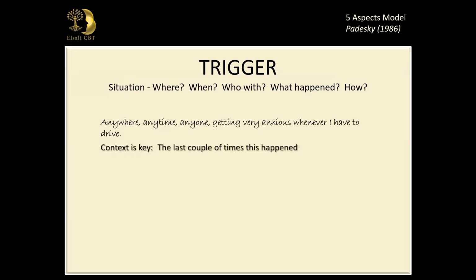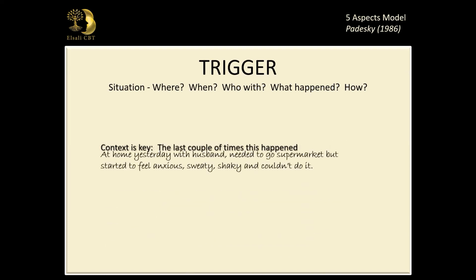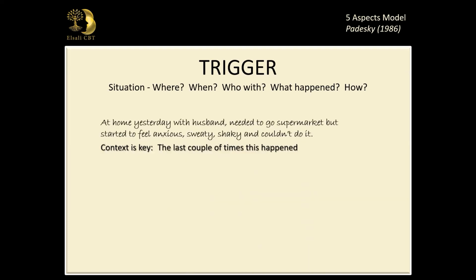So if you think back to the last couple of times that this trigger activated the cycle, what was going on at that time, and then we might get some more useful information. So this person has said that she was at home yesterday with her husband. She needed to go to the supermarket, but she started to feel anxious, sweaty, shaky, and she just couldn't do it.